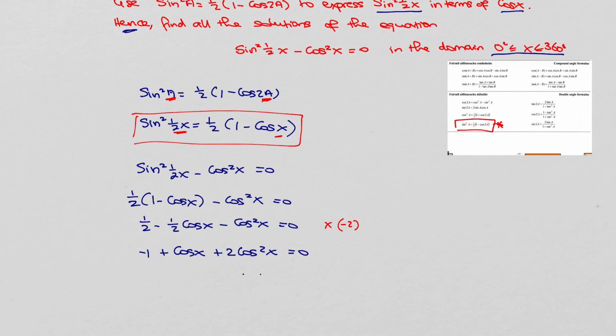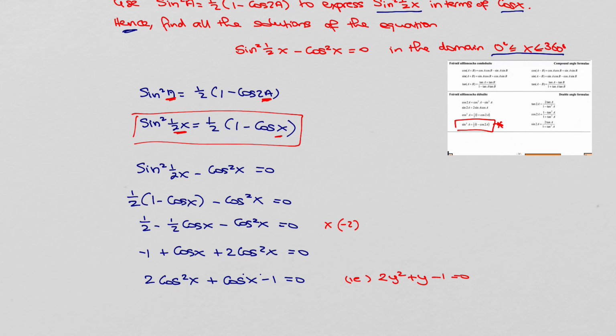So if I rearrange that, then my quadratic equation that I'm going to solve is 2 cos squared x plus cos x minus 1 equals 0. Okay, so basically that is the same as looking at, say, 2y squared plus y minus 1 equals 0.